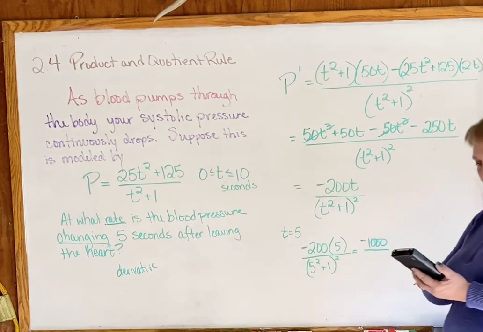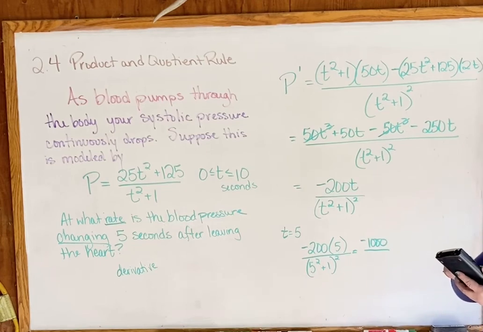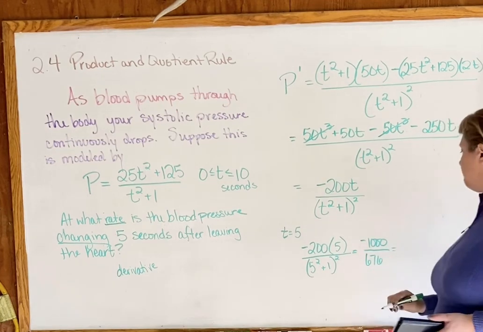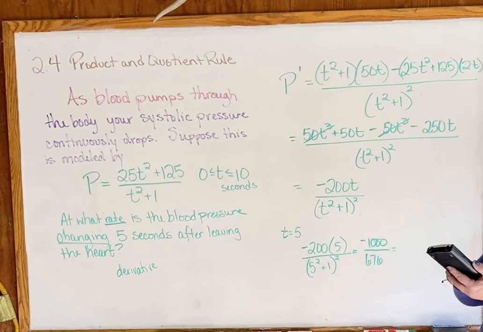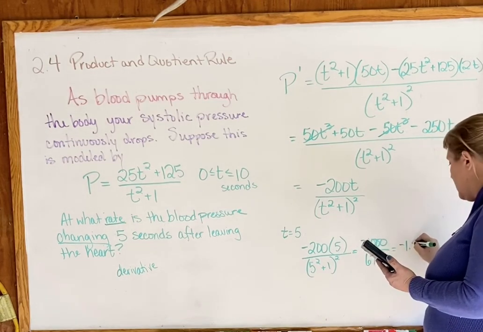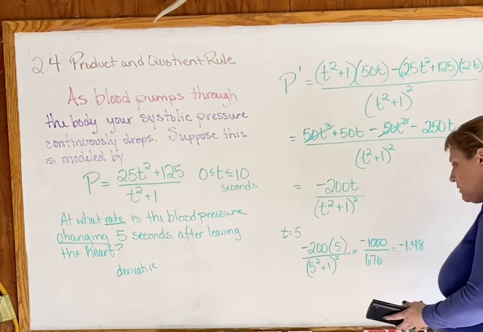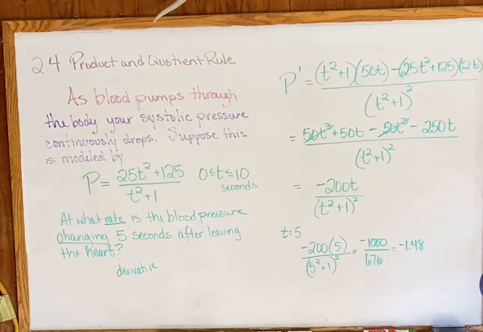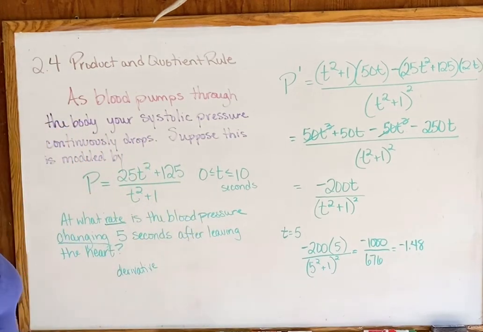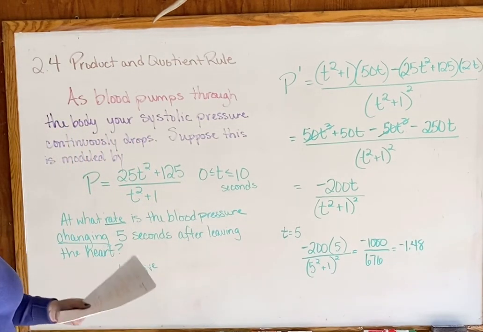On the bottom, 26 squared, I should know that, I'm a mathematician, but 676. So negative 1,000 divided by 676 is negative 1.48.